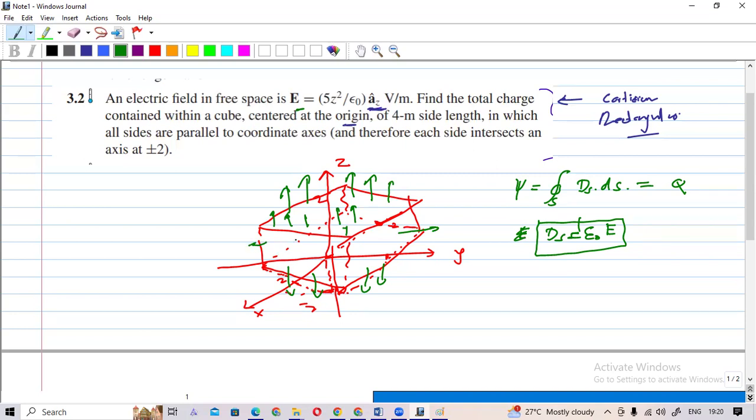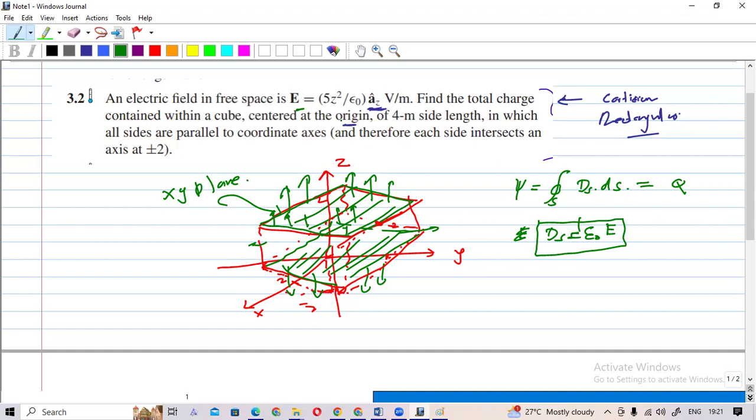So if you consider this cube, this electric flux only cuts the top surface and the bottom surface. These surfaces are in the XY plane. Did you understand? I hope you understand this.